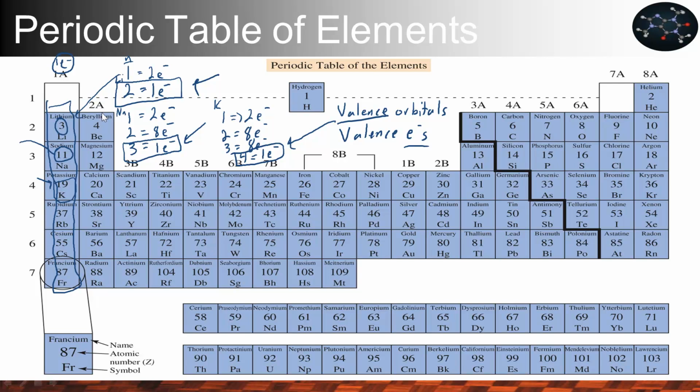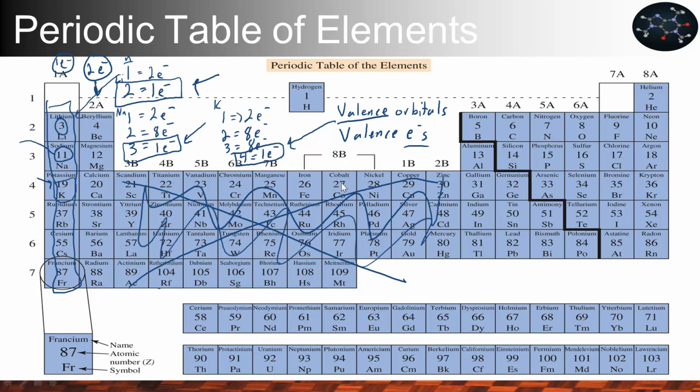We could do a similar workup and find out that we'd have 2 valence electrons in everything in this second column. We completely skip across the more complicated description necessary to understand valence electrons in these middle guys and get over to here and find out that we have 3 valence electrons for everything in this column.